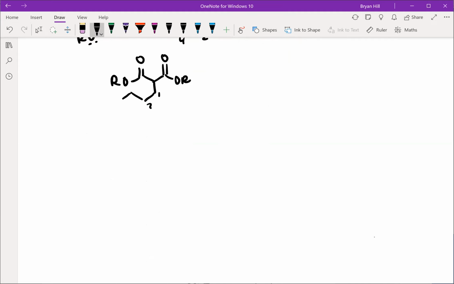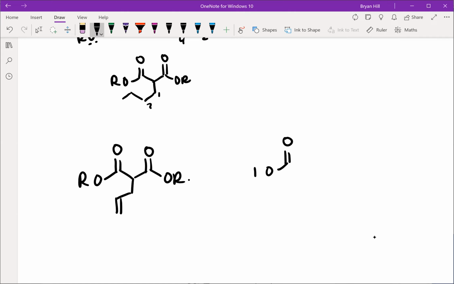So once you've made what you want to make, let's pretend that we put our allyl group here, and what we're looking for is this. I'll even put OR here. There's a way of decarboxylating these reactions.